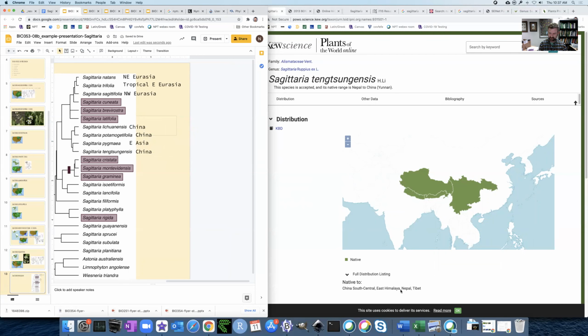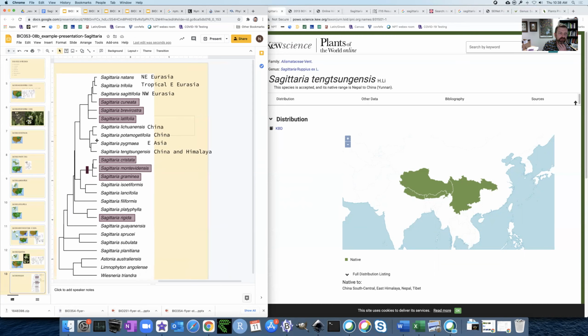China, South Central, East Himalaya, Nepal, Tibet. Okay, so we have a pretty strong indicator of an Asian ancestor here, probably.